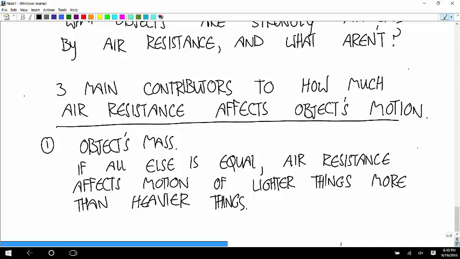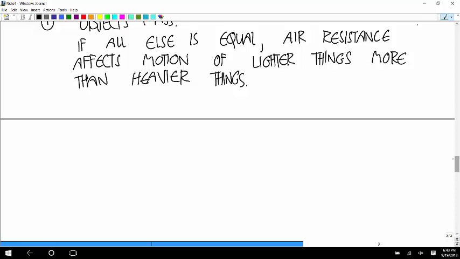An example of this, and I don't think this one takes too much convincing: imagine going up to the top of a building and dropping a metal pinball and a ping pong ball. Say they're the exact same size and the same shape. So the only thing different about them is that the pinball is a lot heavier than the ping pong ball.